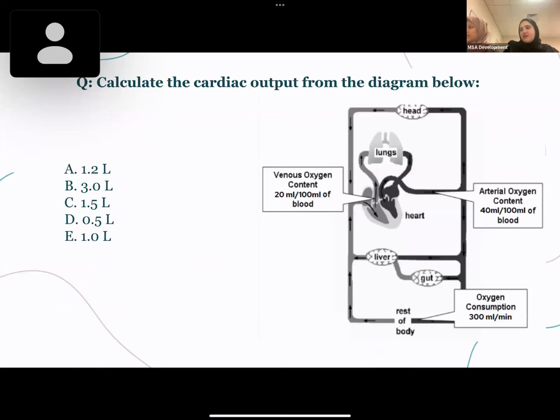Okay, so this is the first question. It starts with a calculation. Calculate the cardiac output from the diagram below, and you have these values given. So take your time, write your answer in chat if you want.